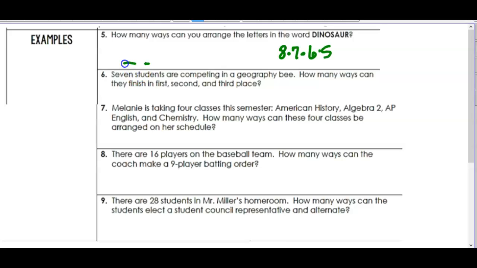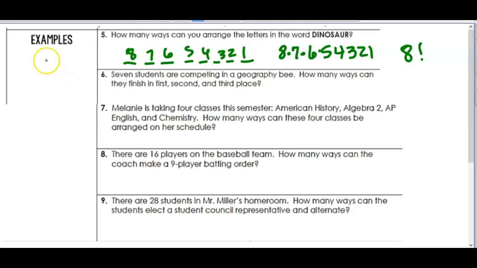So if I put 8 blanks, I'd have 8 choices to pick from, then 7, then 6, then 5, then 4, then 3, then 2, then 1. So I could just do 8 factorial. If you want to use the permutation button that we're going to talk about here, it's out of 8, I'm putting in a priority arrangement all 8 of them.